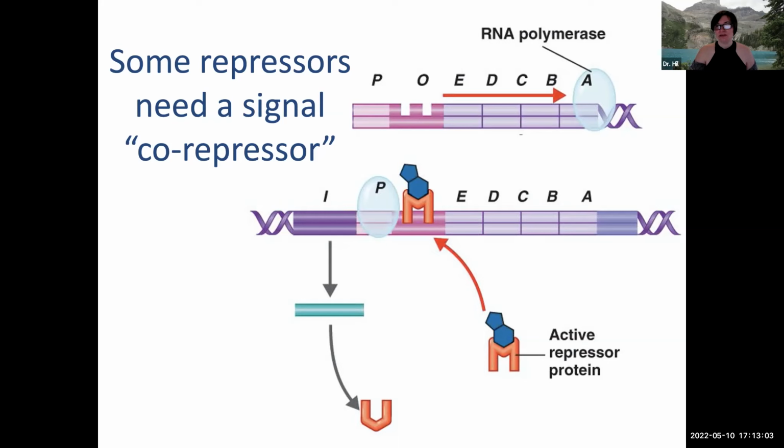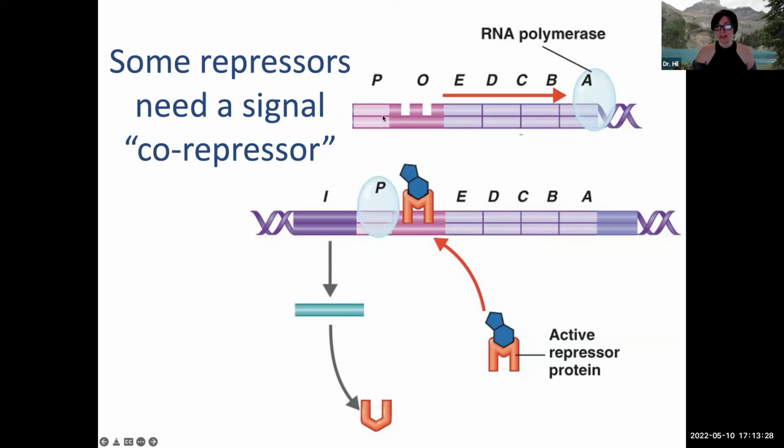So it's a 50-50 split in the class. It's understandable if you didn't get this right, because there's a lot of double negatives in this logic circuit. But this is the kind of repressor that controls a repressible operon. Because since it is not normally doing its job, then the default state for transcription is to be on.